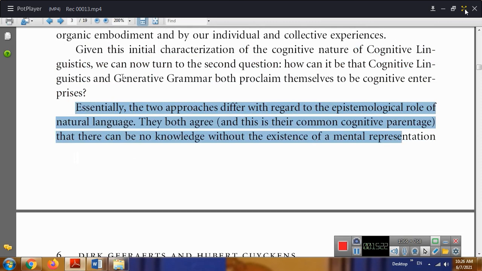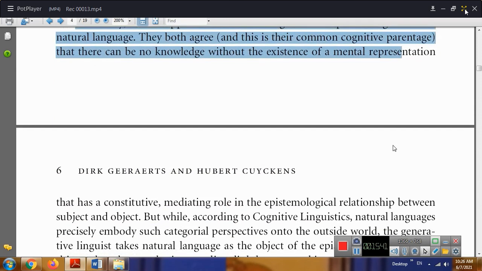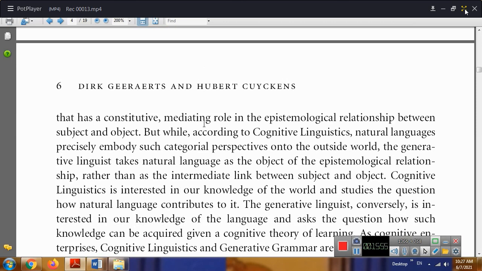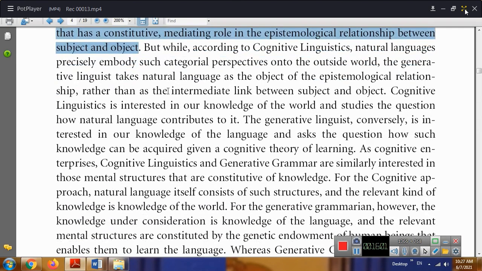Essentially, the two approaches, generative grammar and cognitive linguistics, differ with regard to the epistemological role of natural language. They both agree that there can be no knowledge without the existence of a mental representation that has a constitutive, mediating role in the epistemological relationship between subject and object.